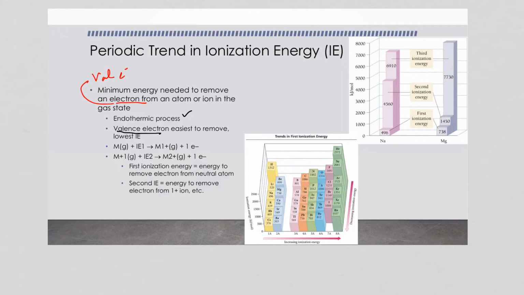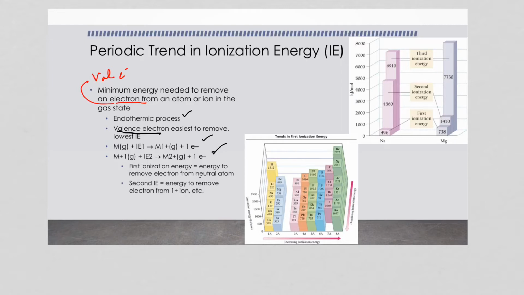So this has an ionization energy here. If this positive 1 ion has a second ionization energy, or so it's given more energy, it can lose a second electron. That's a second ionization energy. So we have first ionization, second ionization, etc.